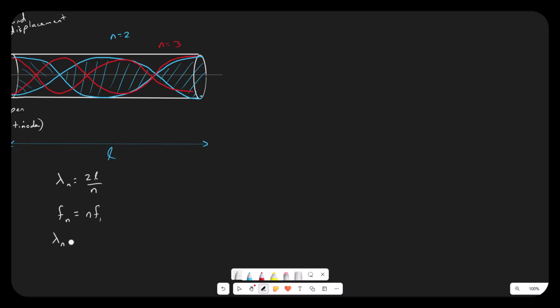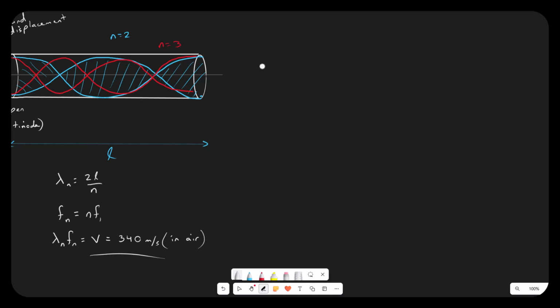Wavelength times frequency still has to give me a wave speed, and now that I'm dealing with air, this will be 340 meters per second in air. So now my wave speed is fixed, and I know that number ahead of time, which means when I encounter a problem about this, I'm probably not going to be given that number.